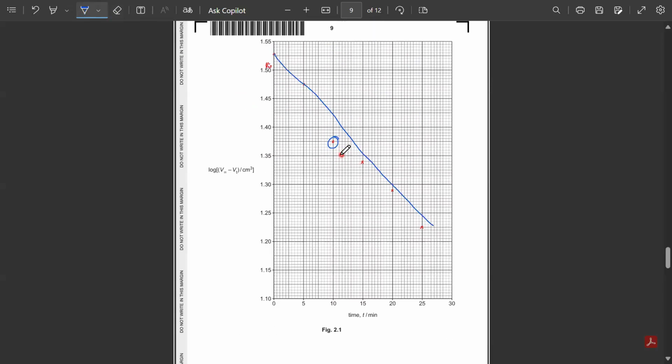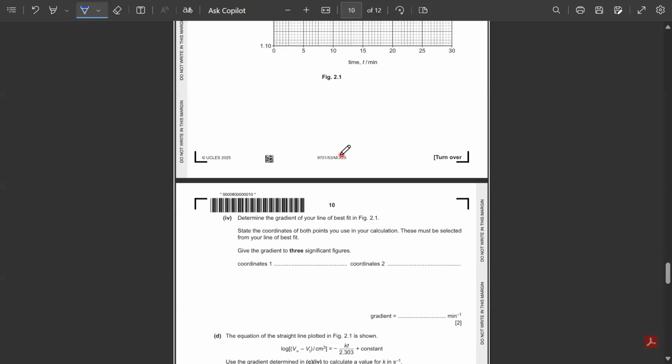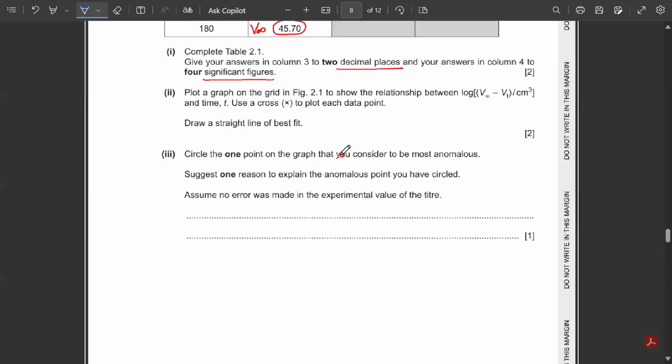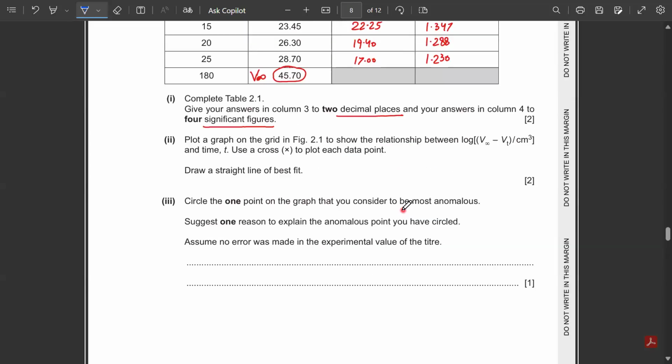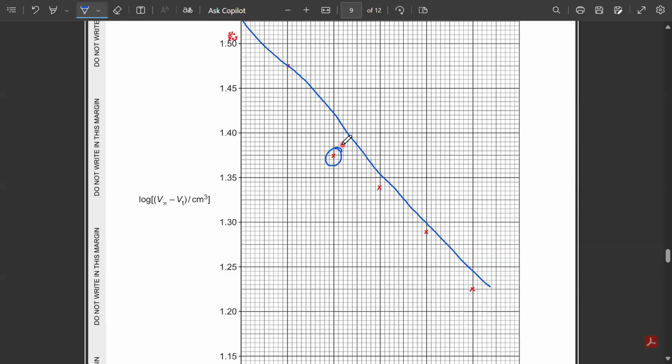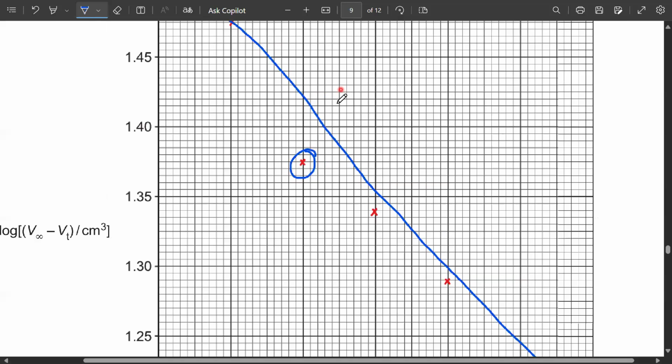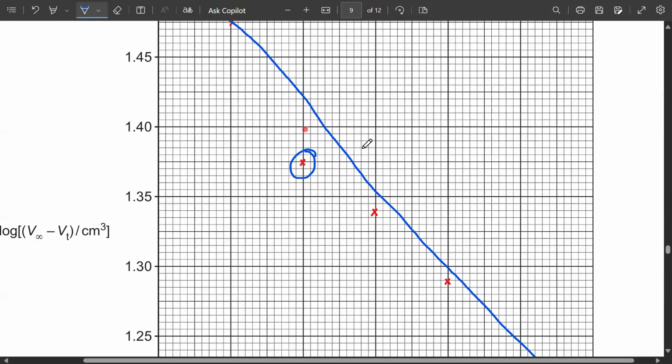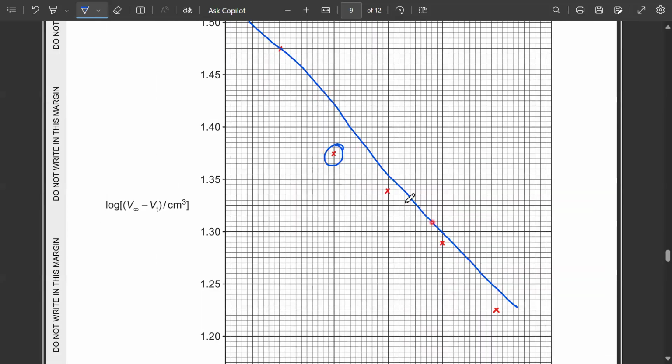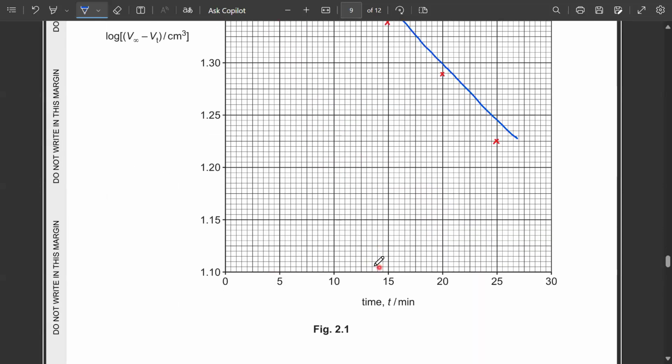Now we have to identify why the anomalous point is there. Circle one point in the graph that you consider to be most anomalous. Give just one reason to explain the anomalous point you have circled. Assume no error was made in the experimental value of the titer. Now, this value is far down from the actual value, and it's also left from the axis.